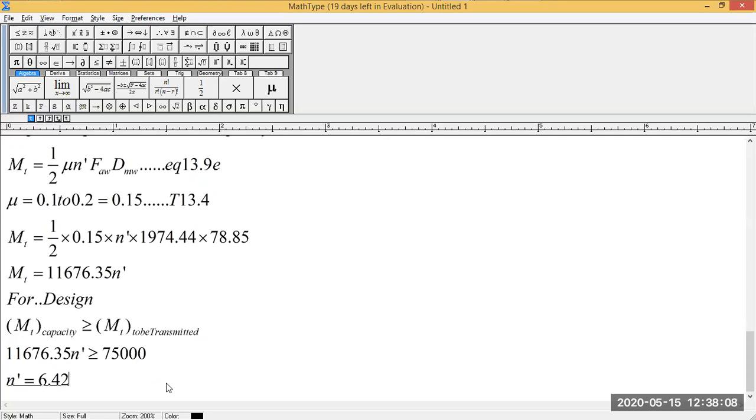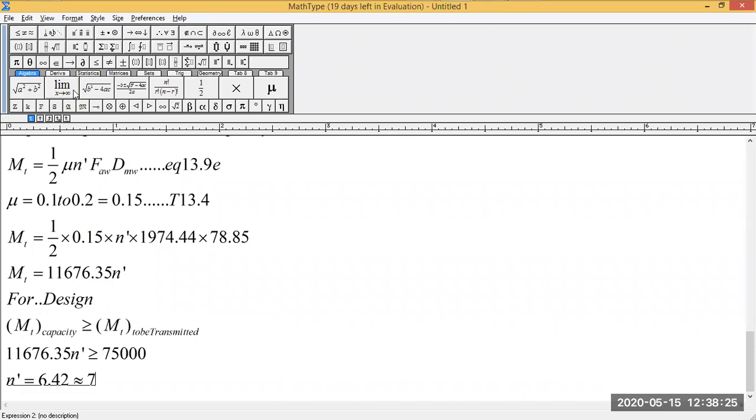This number of contact surfaces will usually be an odd number. We'll approximate this to the next number, 7. So 7 tells us how many plates you need.